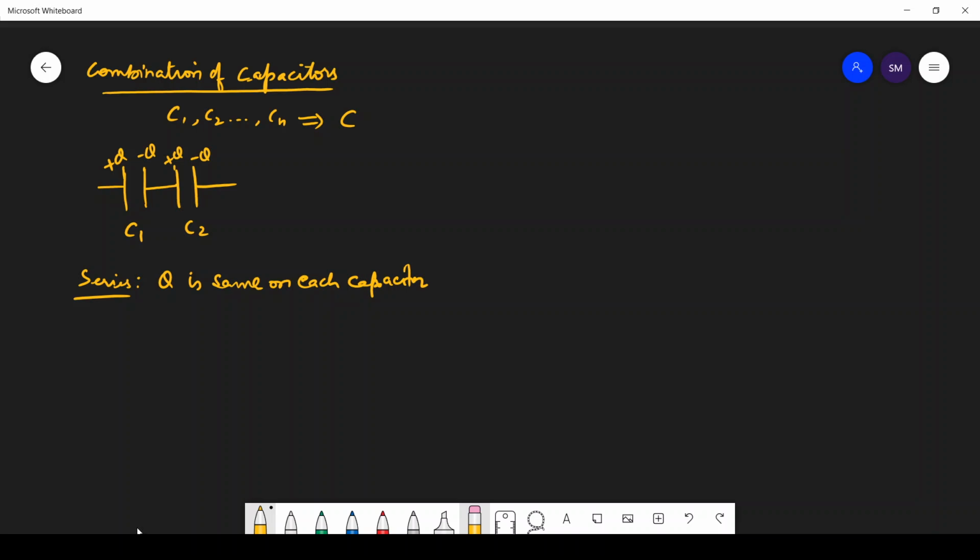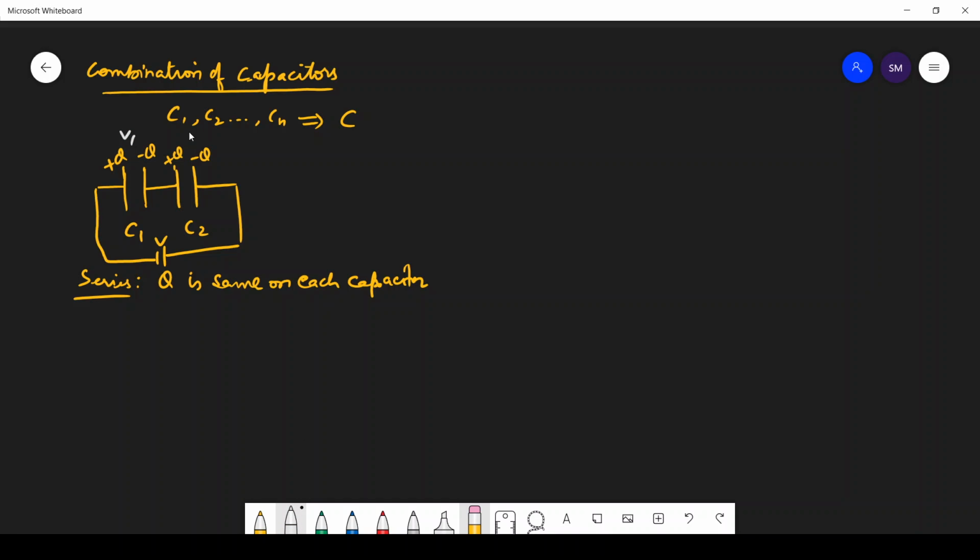What about the potential? So you have connected them with potential V. So this potential will obviously be divided in series.